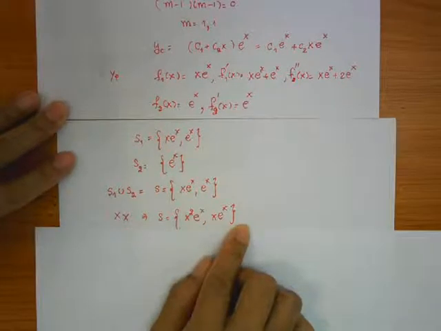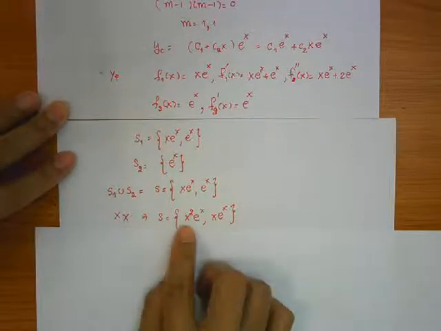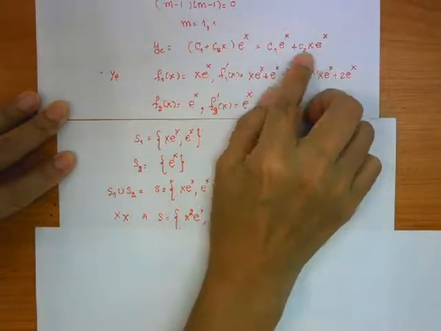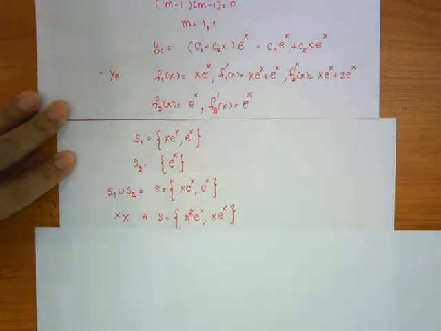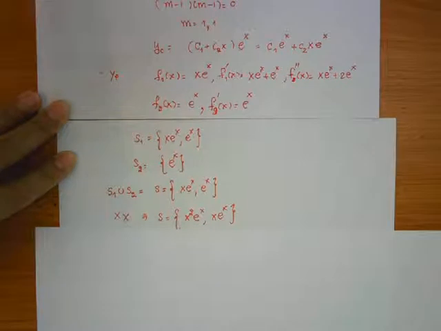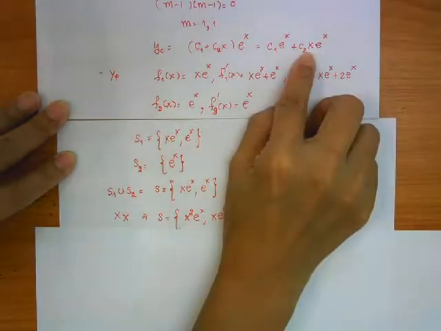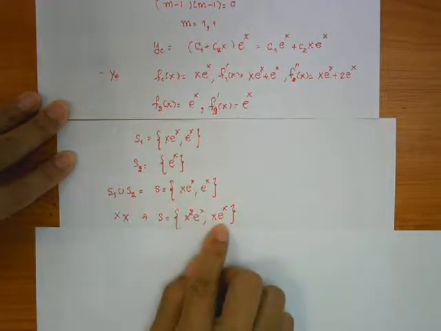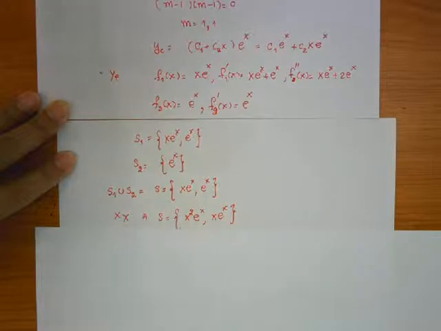Now, is any function in here repeated with the function in YC? Is it repeated? Is it the same? It's still the same because you have x times exponential of x here, and you still have x times exponential of x in YC. Then you cannot write down yet.